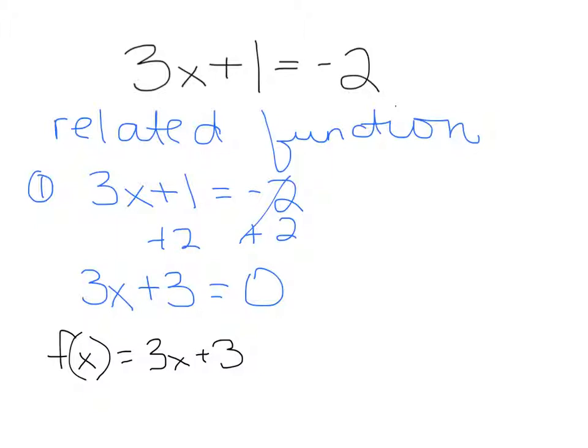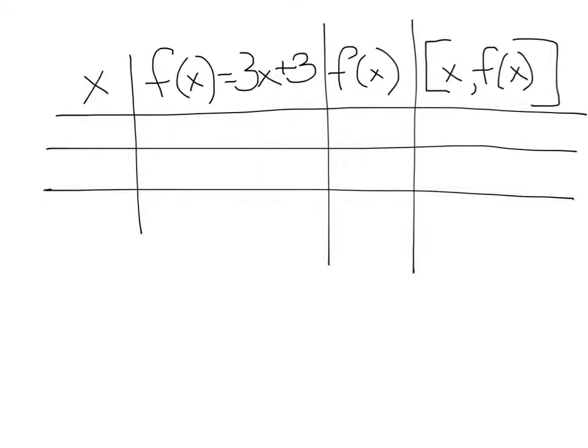And then we can begin to make a table for this to identify what our points are. The table has to include somewhere for our x values, our function, what we end up getting for our function, and our new coordinate points. You always want to try to use a negative and a positive number so that you can get the graph to go across the coordinate plane.